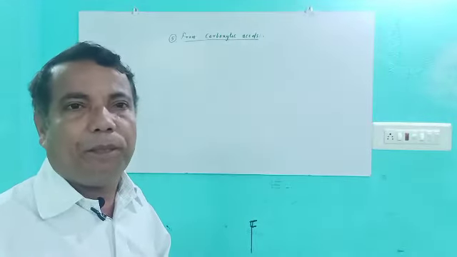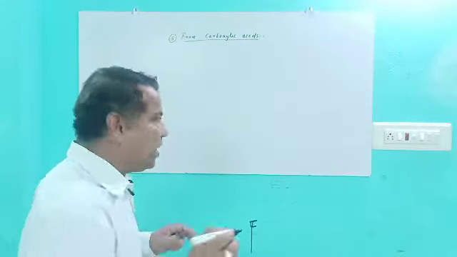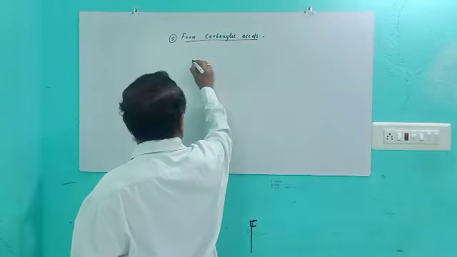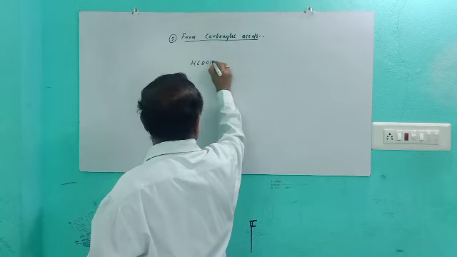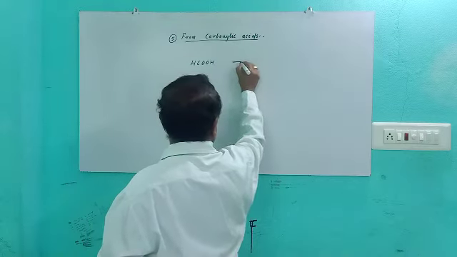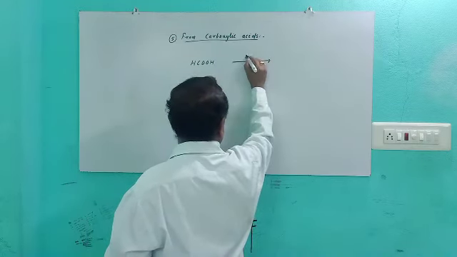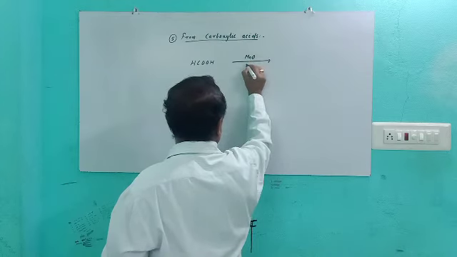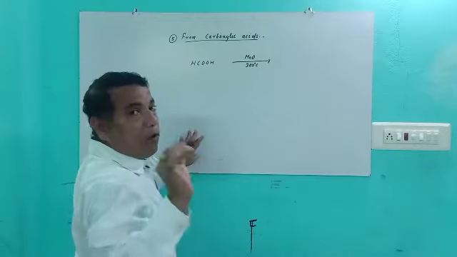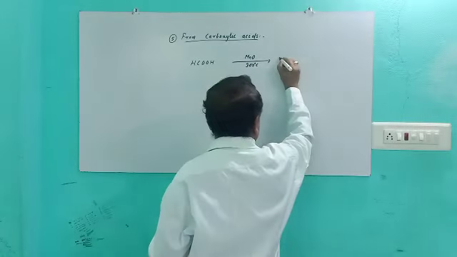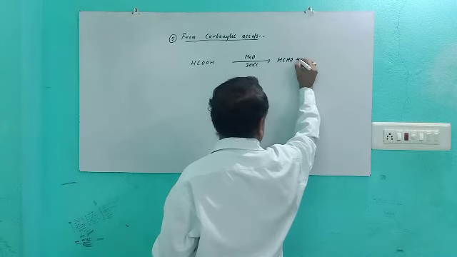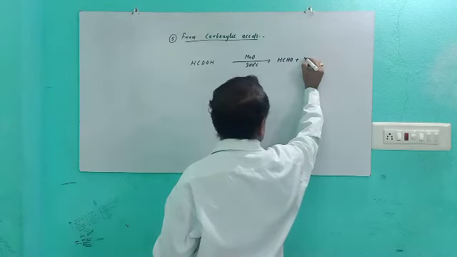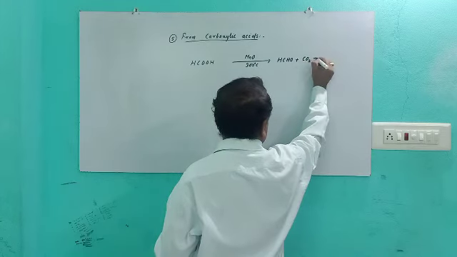If you take formic acid, HCOOH, and pass it over manganese oxide, MnO, at 300 degrees centigrade, then formaldehyde is formed. The formula for formaldehyde is HCHO, plus carbon dioxide, CO2, plus water, H2O.